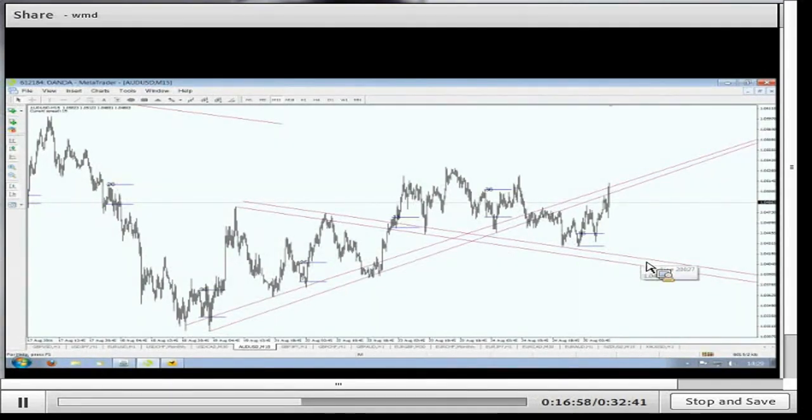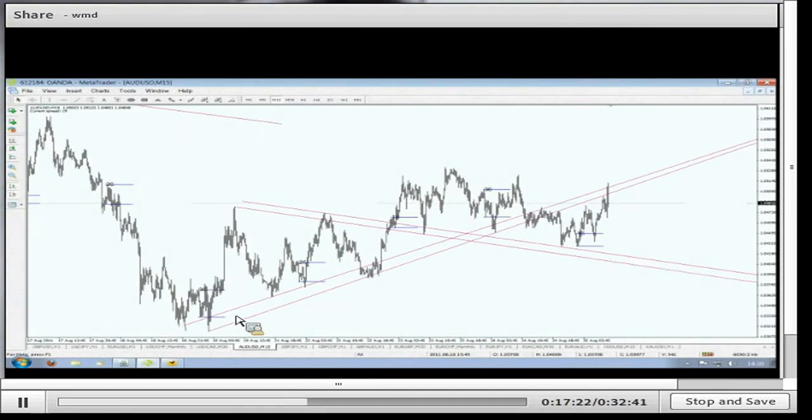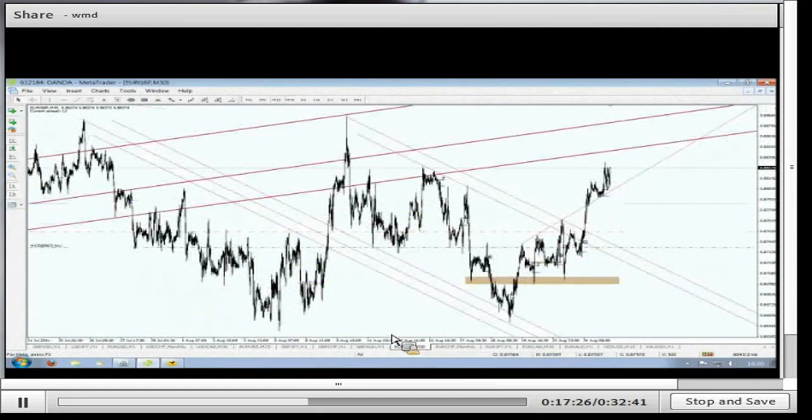On Euro GBP we had a support and resistance play, and what we saw was that we had support which turned to resistance twice as it happened, and again we had the support here, and we had support here, support turned into resistance once, and the price broke down.